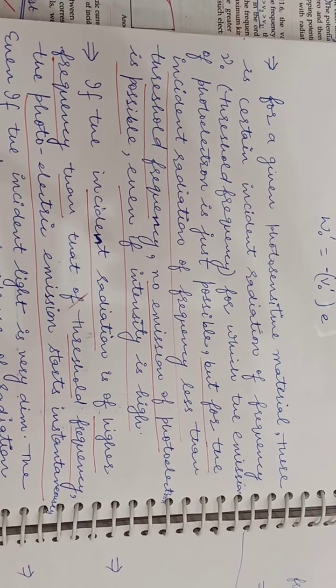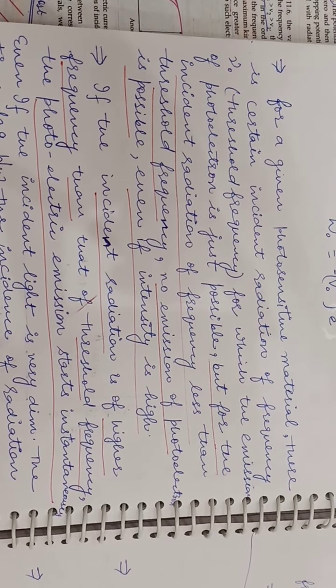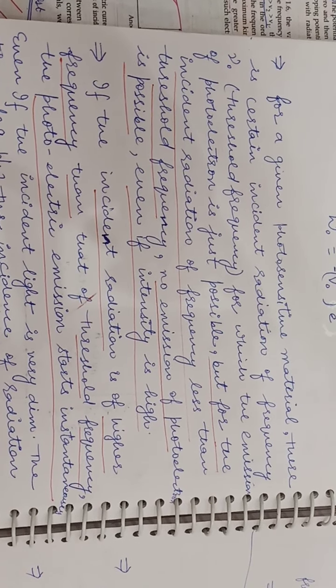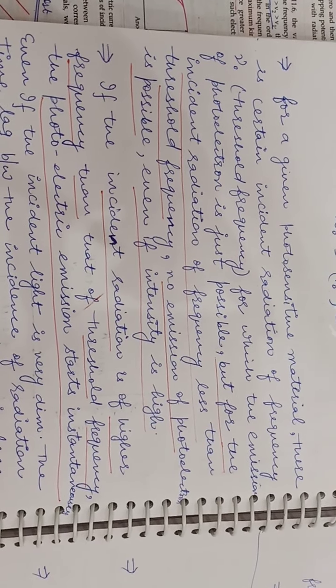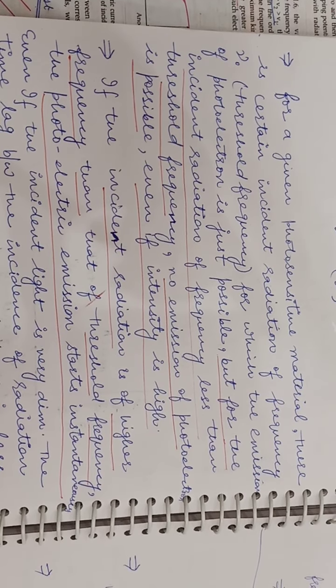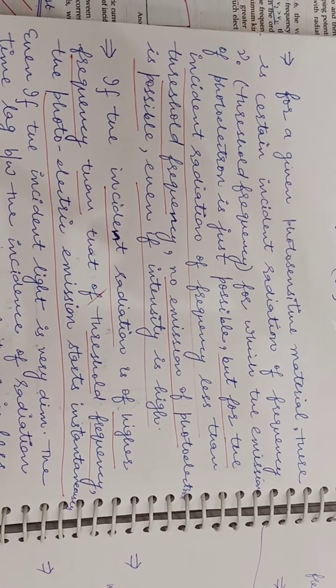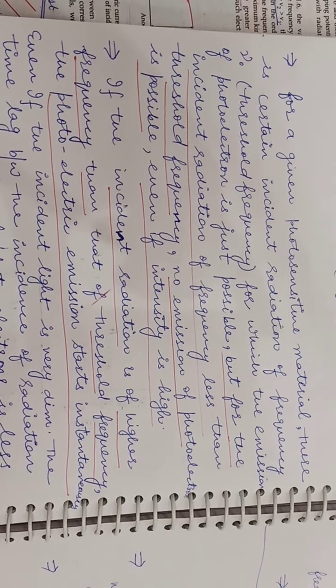For a given photosensitive material, there is a certain incident radiation of frequency mu naught, that is threshold frequency, for which emission of photoelectrons is just possible. But for incident radiation of frequency less than threshold frequency, no emission of photoelectrons is possible, even if the intensity is high.